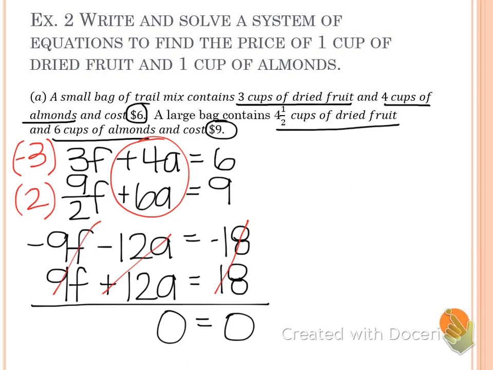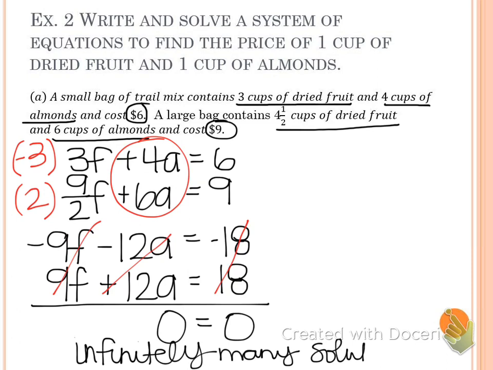So what's my final answer? Be careful. Infinitely many. My equation is true. The statement left is true. 0 does equal 0. So when it's a true statement, it's infinitely many solutions. So in the context of this problem, look at what they asked us to find.